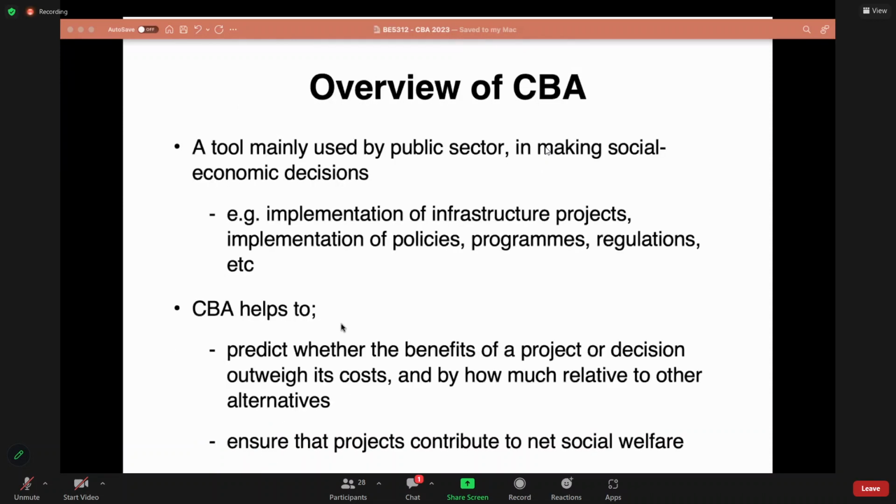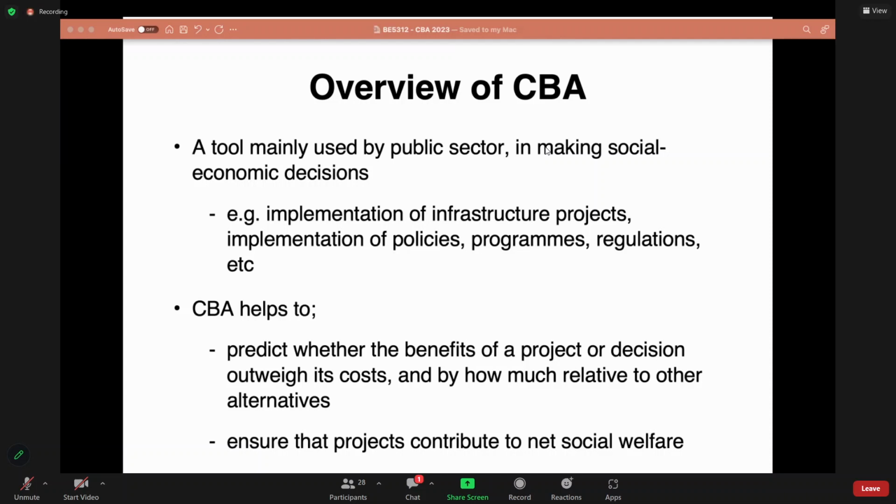Right? So this is where this cost benefit analysis comes into play. It's typically mainly used by the public sector in making social economic decisions.